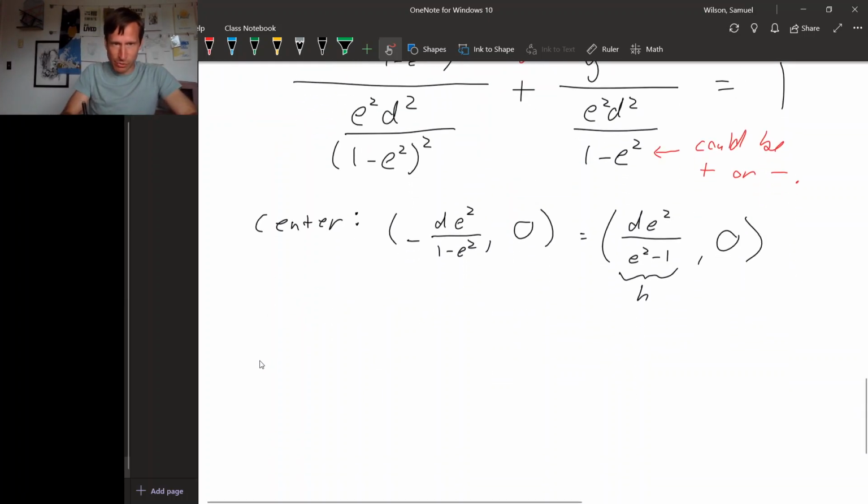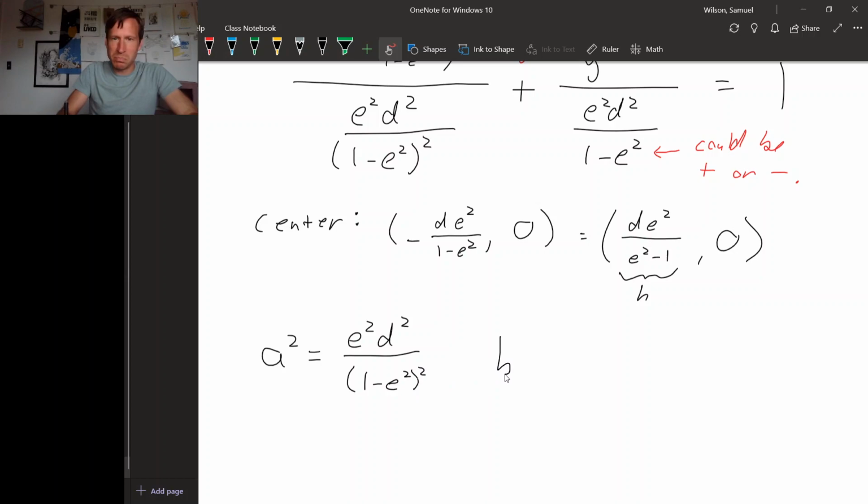Okay, also a squared is, right, the stuff underneath our x term squared, so e squared d squared over 1 minus e squared, squared, and b squared, that's the stuff under y, that's e squared d squared over 1 minus e squared.